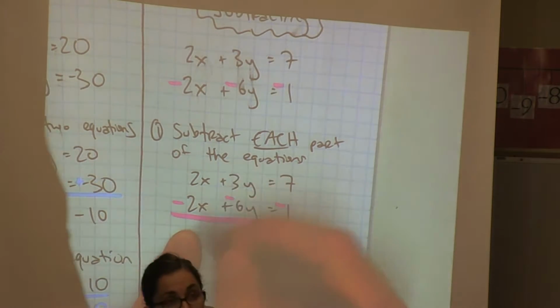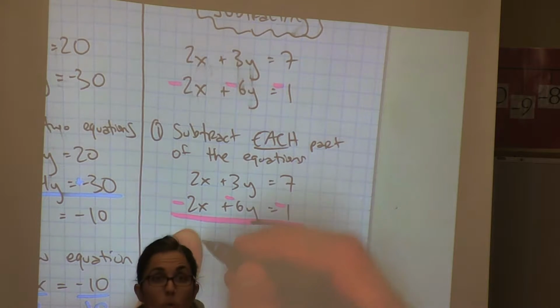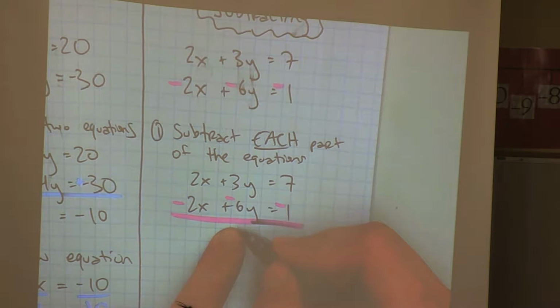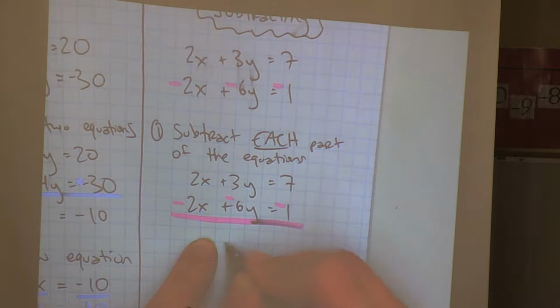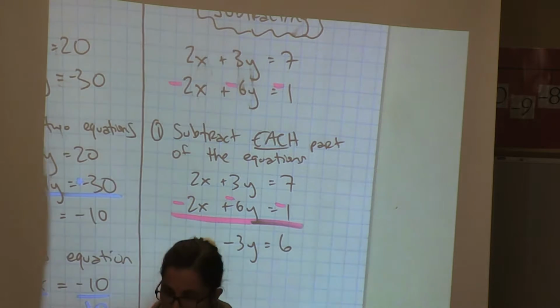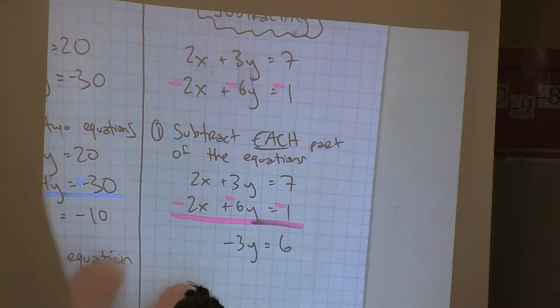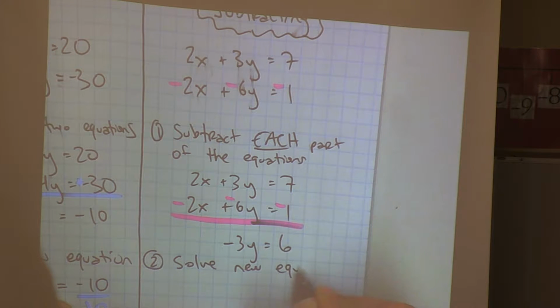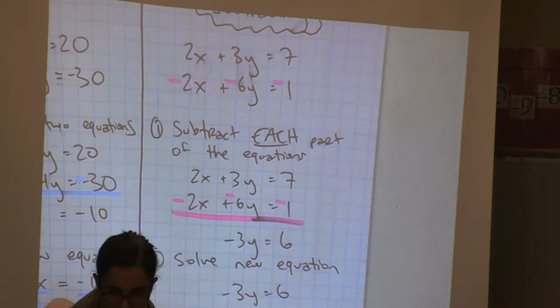That's our thing that's getting eliminated, and that's the goal here, and that's why it's called elimination. So that's 0. 3y minus 6y is negative 3y, and 7 minus 1 is 6. So of course the second thing we get to do is now we get to solve the new equation. Our new equation was negative 3y equals 6.